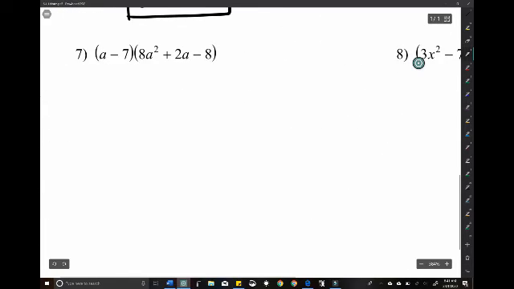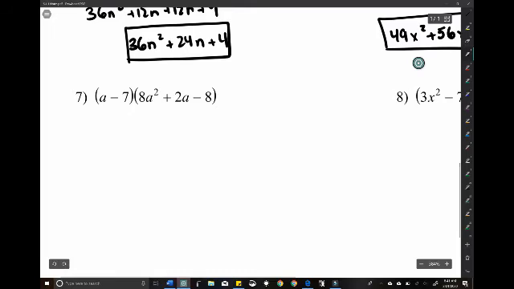Last examples. Remember the idea with a binomial times a trinomial is you need to take each number from the binomial and distribute it three times. The first part, a times 8a, is 8a to the third. Then we have 2a squared, and then a negative 8a.